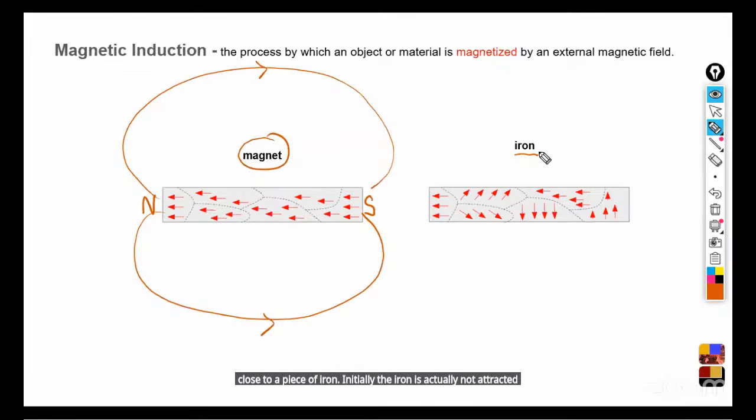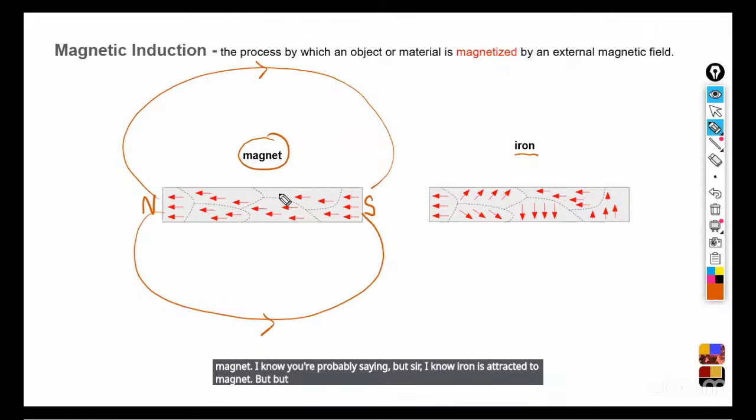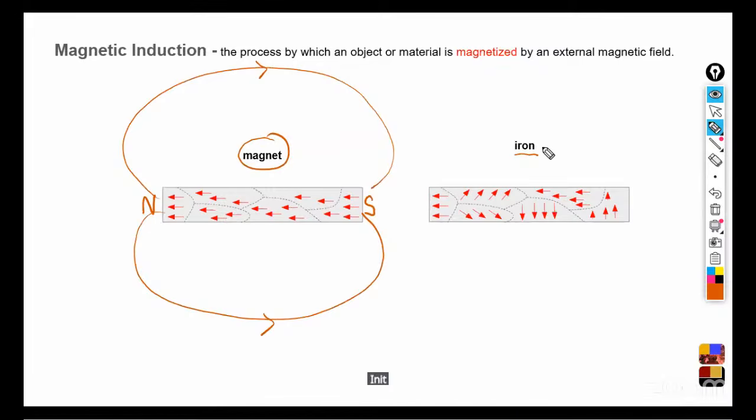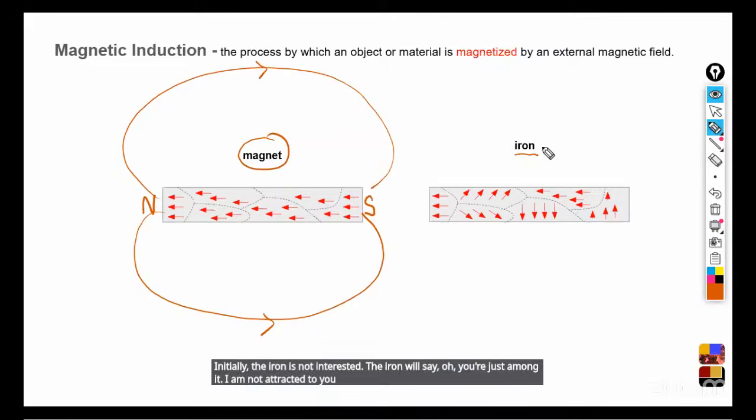I know you're probably saying, but sir, I know iron is attracted to a magnet. But hear the story. When the magnet goes close to the iron, initially the iron is not interested. The iron will say, oh, you're just a magnet. I am not attracted to you. I am not going to be pulled towards you.